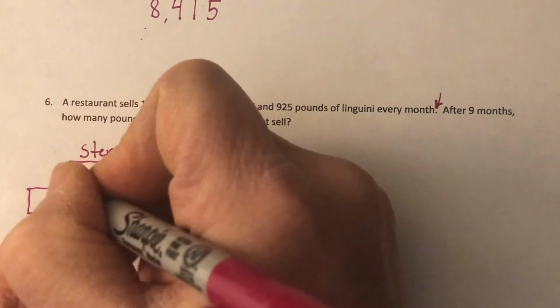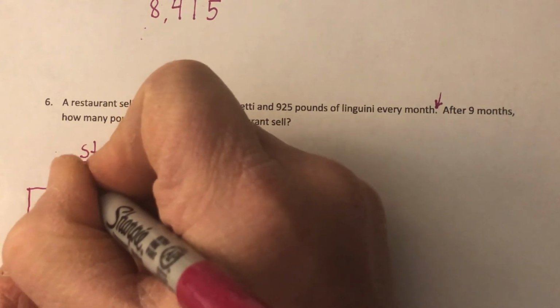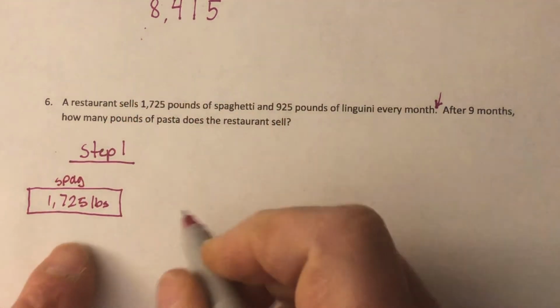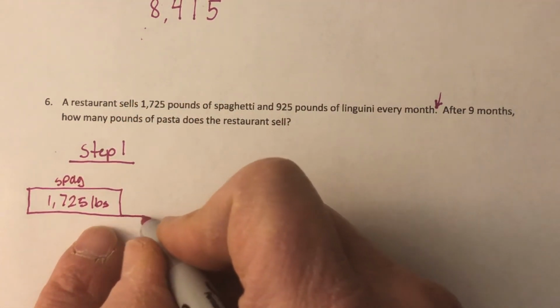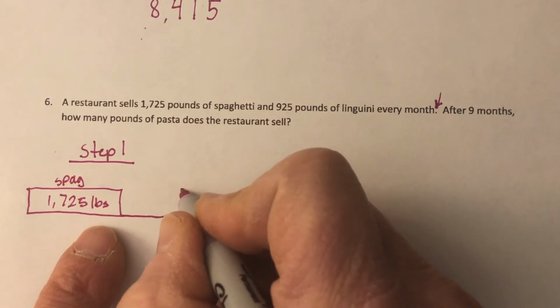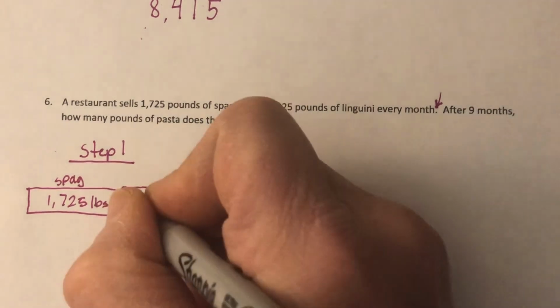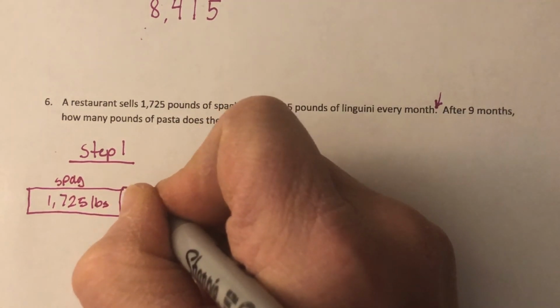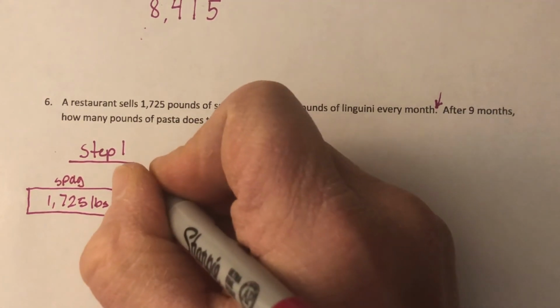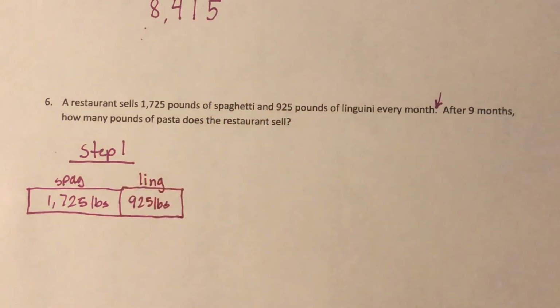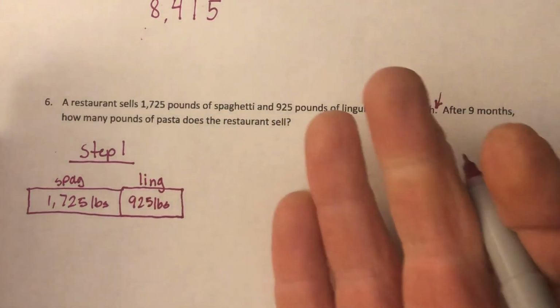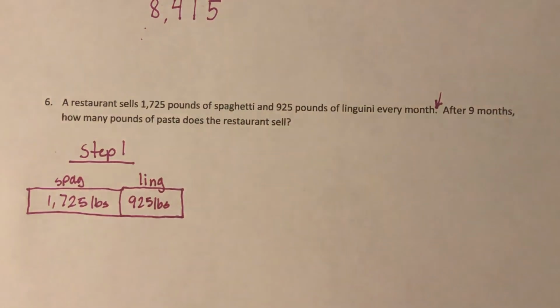And that is for spaghetti. I'm just going to write down spag here, okay? And then 925 pounds of linguine. And now the rectangle is not going to be as long because 925 is less. So I'm going to write down 925 pounds here of linguine. Just write down ling. And that tape diagram shows me I need to add those together.